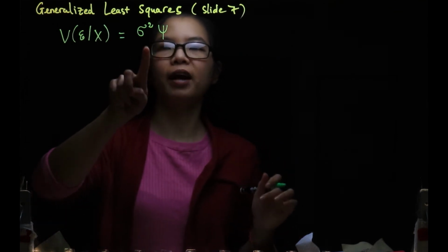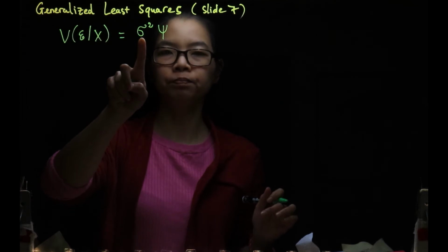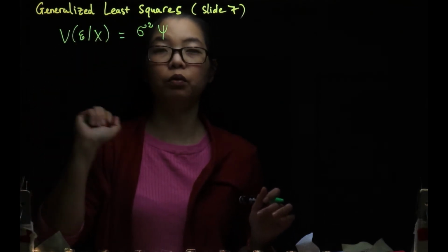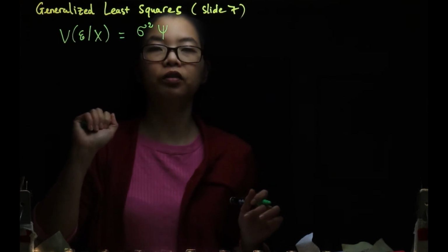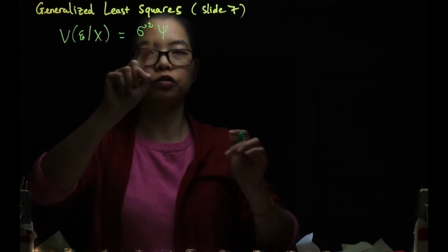Meaning we could factor out sigma square. It may or may not be the same as the sigma square that we talked about in the Gauss-Markov condition before, the variance of the error term. Now it's just a common factor.